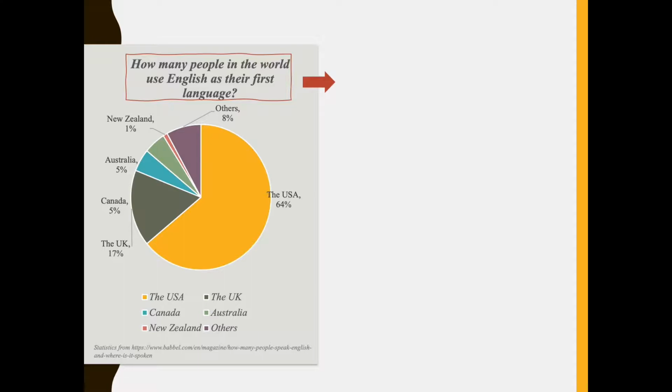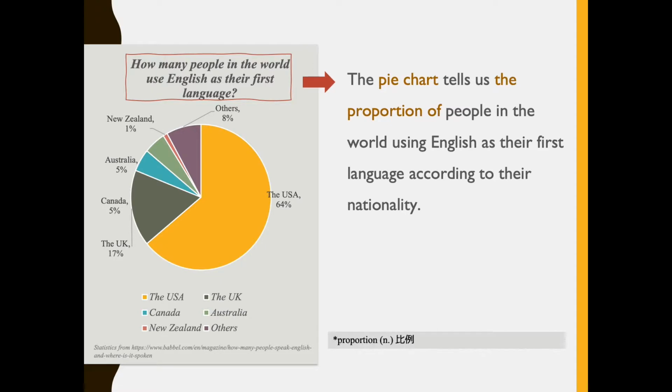The pie chart tells us the proportion of people in the world using English as their first language according to their nationality. In this introduction, two things are mentioned. The first thing is the type of graph it describes. The second thing is the purpose of the chart. This is an alternative expression of the title.